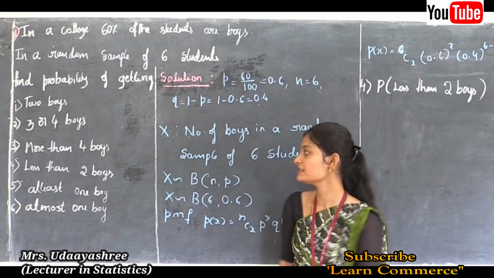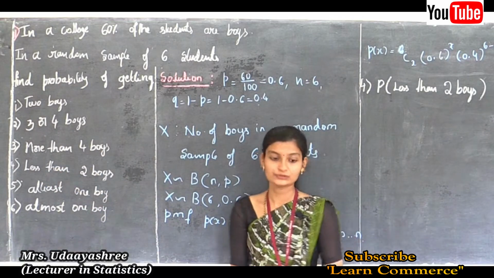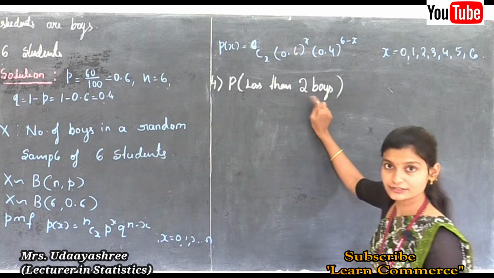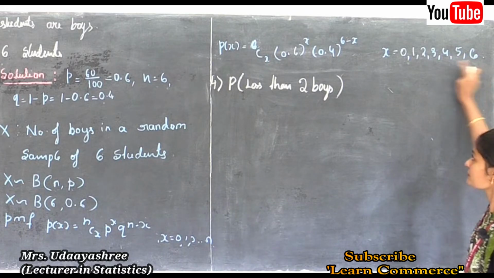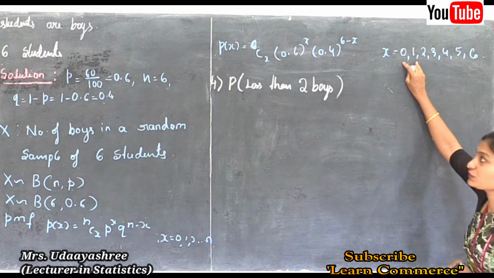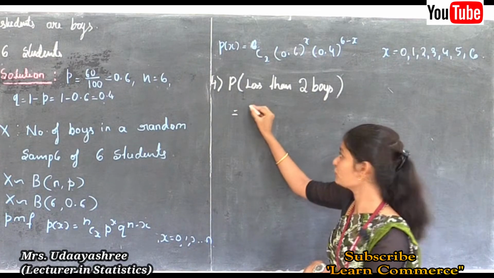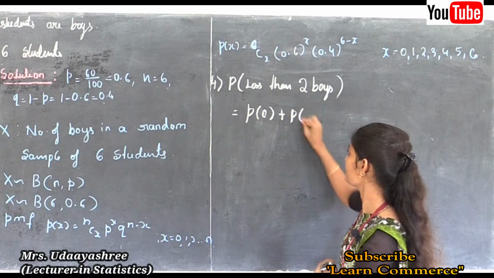Okay, next let us see the fourth sub question, that is probability of getting less than 2 boys. Okay, here probability of getting less than 2 boys, in the sense here x range is 0 to 6. So, less than 2 in the sense here remaining observations are 0 and 1. So, probability of less than 2 boys is equal to probability of 0 plus probability of 1.